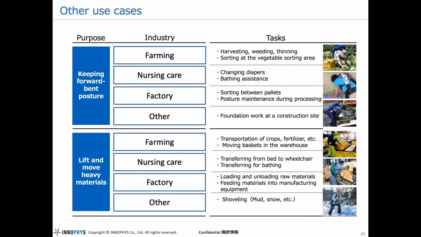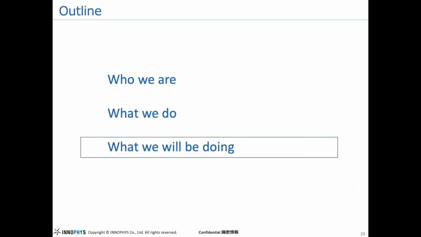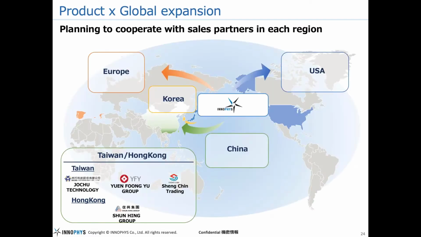Okay, so this is the product, how our product is used, and how our product works. I talked about the company and product, and now, at last, I would like to briefly talk about what we will be doing in the near future. What we are doing is product expansion and global expansion.